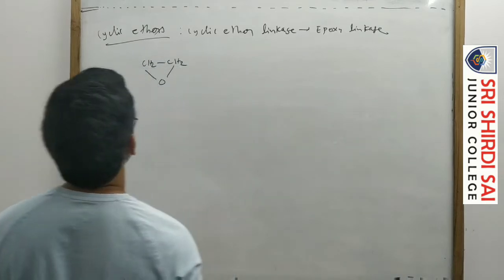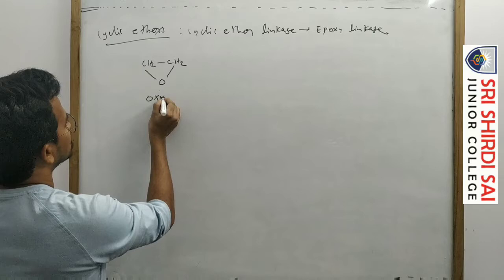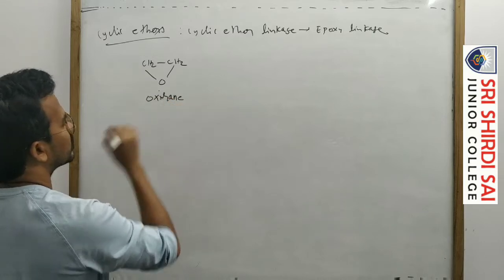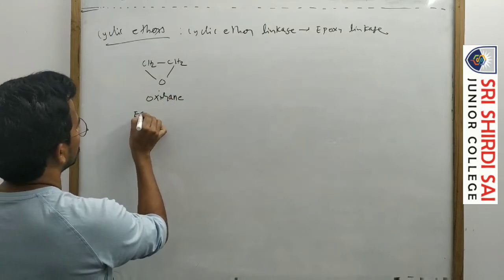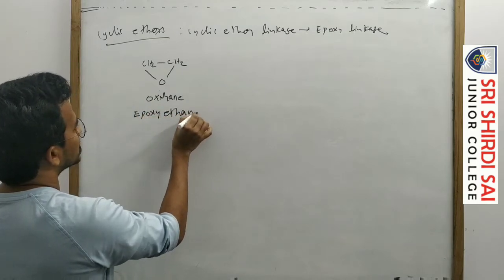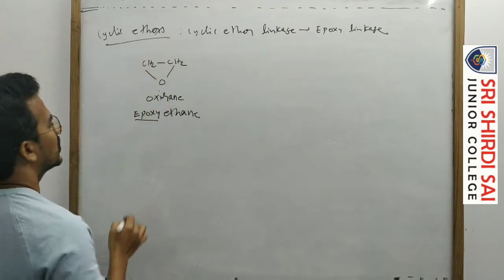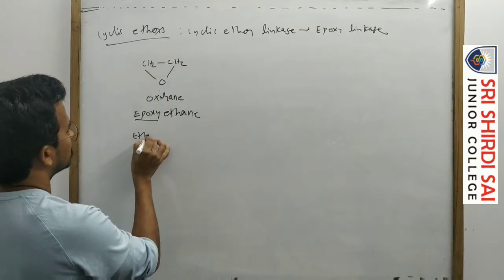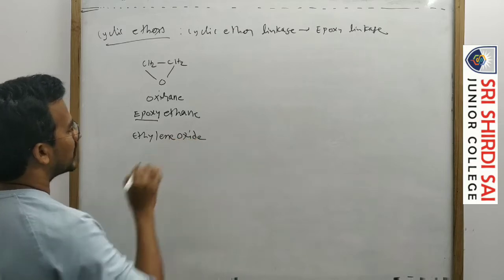The cyclic ether is named oxirane, or epoxy ethane, because the cyclic ether linkage is called the epoxy linkage. It is also called ethylene oxide.